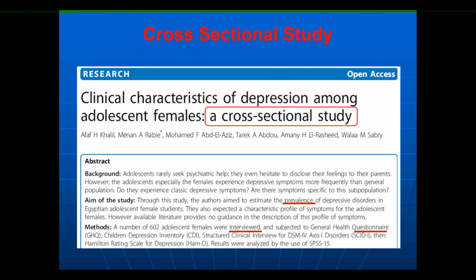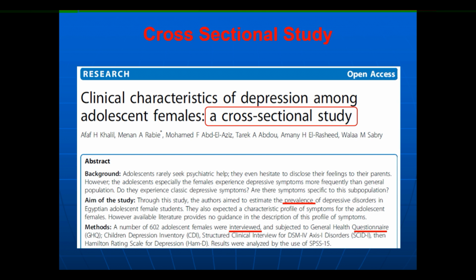Another example, the ministry asked us what the prevalence of diabetes is in our city. What are you going to do? I will bring random people, for example, and I will test them for sugar and hemoglobin A1C, and then I will say the prevalence is, for example, 20%. Did I follow up the patients?